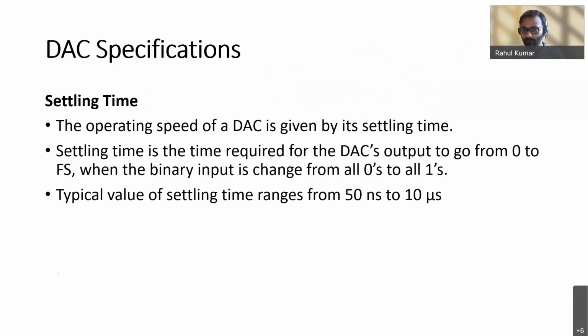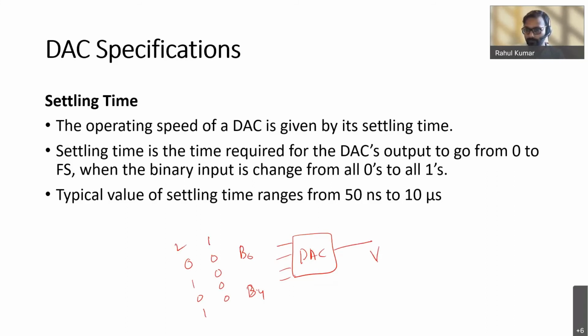And lastly is your settling time. The operating speed of a DAC is given by its settling time, which is the time required for the DAC's output to go from 0 to full scale value when the binary input changes from all zeros to all ones. Basically, it is the time taken for your output to change from one voltage to another when your binary bits are changing.